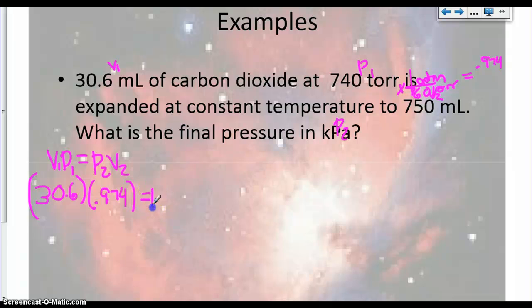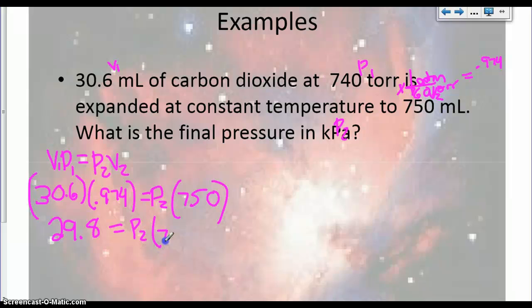All right, pressure 2 we don't know, and volume 2 is 750. So now we're going to go back over here and multiply. We have this times 0.974 gives us 29.8, and that's equal to the P2 times the 750.